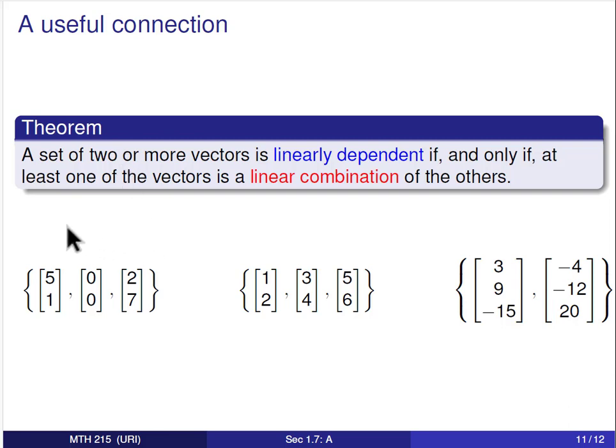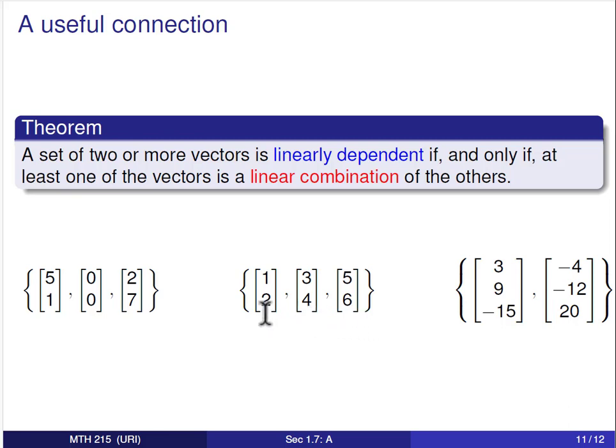Now, if we take a look at these examples, these are the linearly dependent sets from our earlier slides. You'll see that 0 as a vector is a linear combination of (5, 1) and (2, 7). If you take 0 times (5, 1) plus 0 times (2, 7), you end up getting the 0 vector. So the linear combination certainly appears there. This is another linearly dependent set. It's got more vectors than entries.